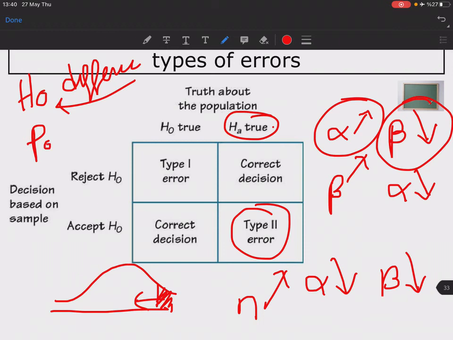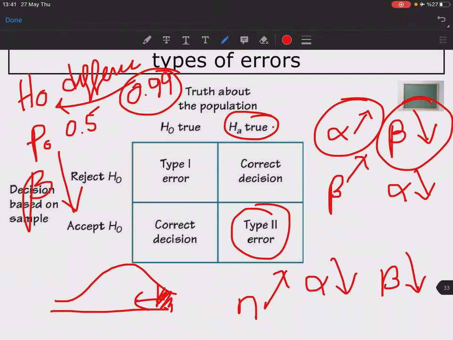Usually your zero hypothesis or null hypothesis should be 0.5, and if your difference from this null hypothesis is very significant, suppose that someone is guessing with 99% probability or something, your beta naturally becomes quite low because there is so much deviation, so much difference from your H0 hypothesis. So even a few samples are enough to reject your H0.